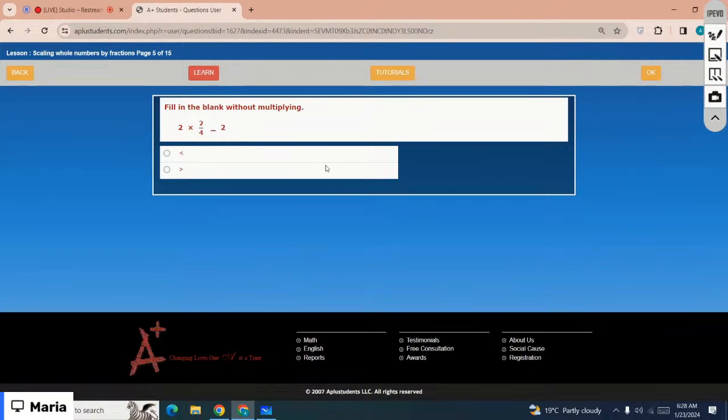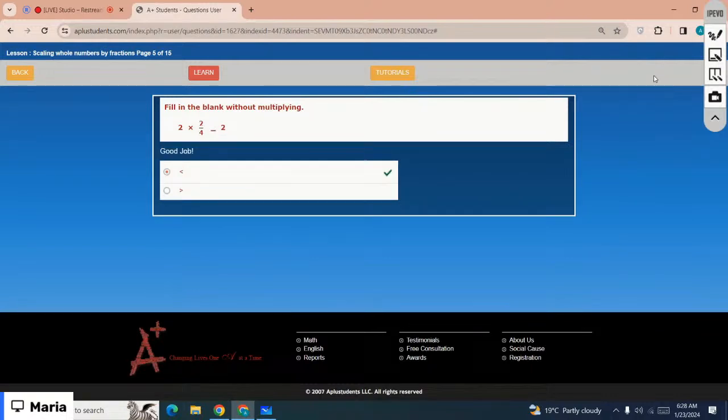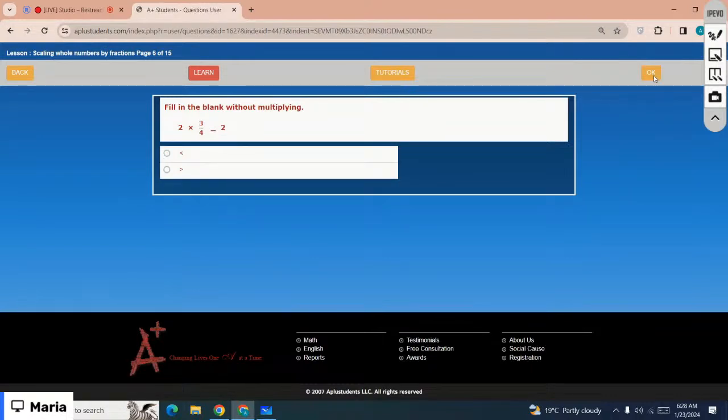The correct option is less than, right? Because 2/4 is less than 1. So that is less than 2. Got it? Fill in the blanks without multiplying.